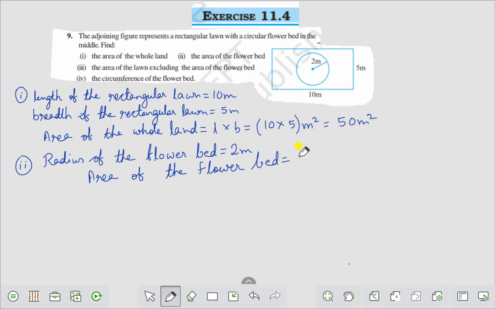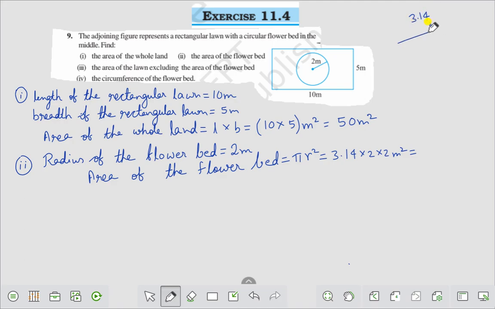This is a circle, therefore area will be pi r square, right? That is pi r square, and we are taking the value of pi as 3.14. So 3.14 into 2 square, and the unit will be meter square. 2 square is 4, so 3.14 into 4.